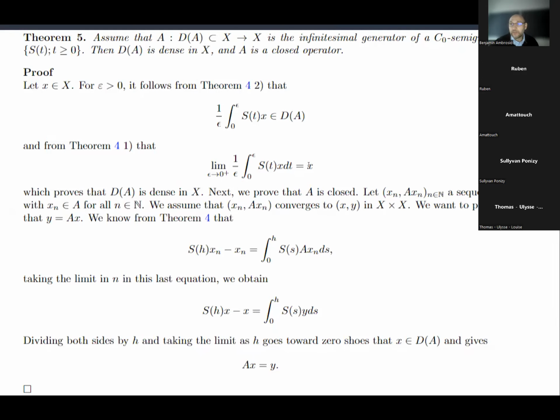So for each x in X, you can approximate x by a sequence in D(A), thanks to this argument. I'm not going to do the proof again, but you can also prove that A is closed with this. Again, we proved these things.